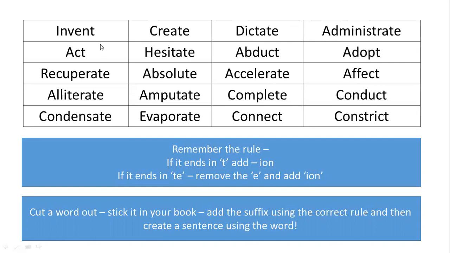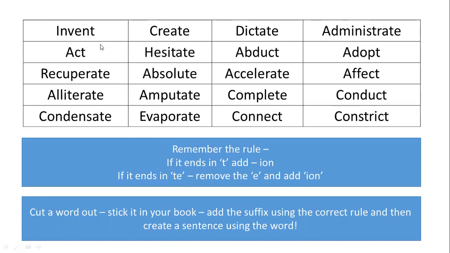Okay, what about the other word? Create. Create has E, T, E at the end. So if I have E at the end of the word, I remove the letter E and add ION to make creation. Creation. Dictate has E at the end of the word.